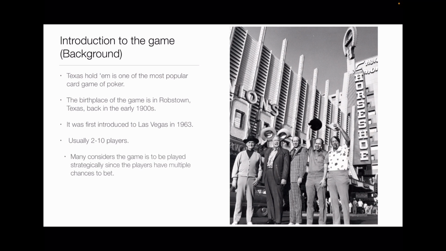Many people consider the game to be played strategically because the players have multiple chances to bet, which includes a blind bet, and at the point after the dealer reveals the third, the fourth, and the fifth card. As Crandall Addington said, this game is considered a thinking man's game.